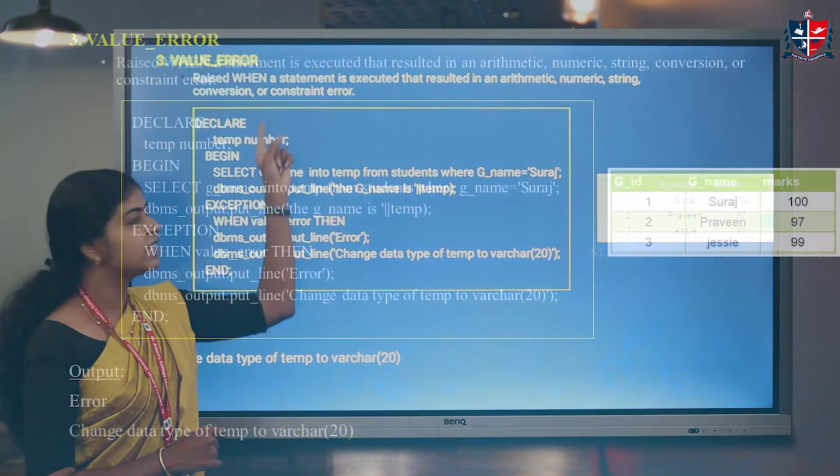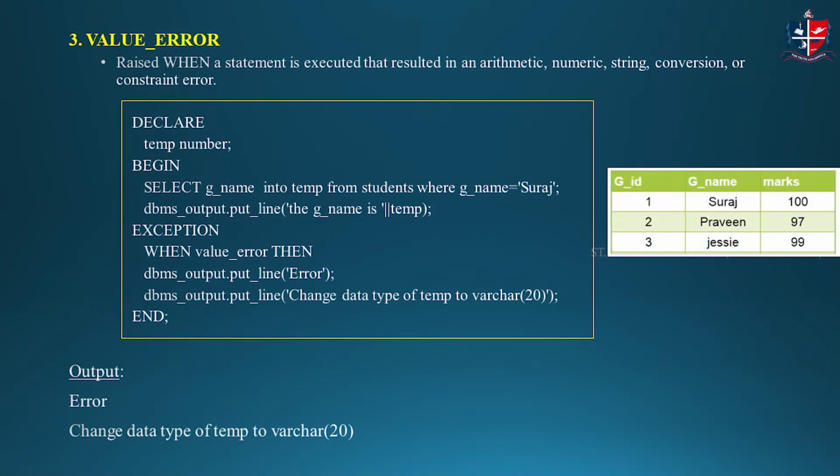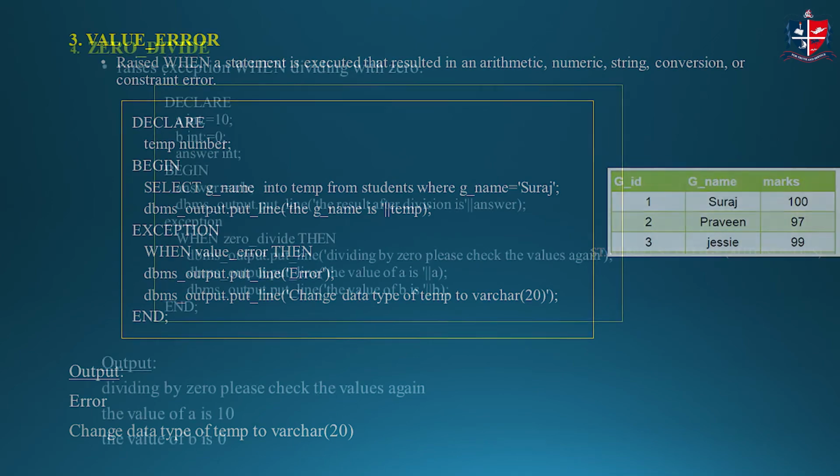But our temp is a number variable, the data type is number. So there is an error because the data types are different. When this error occurs, this will be shown: error, change data type of temp to varchar 20.